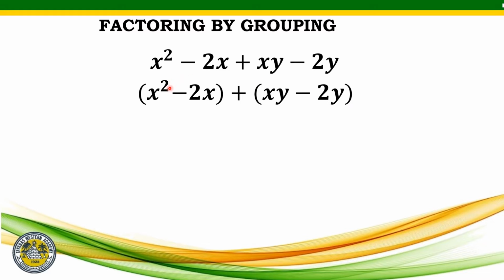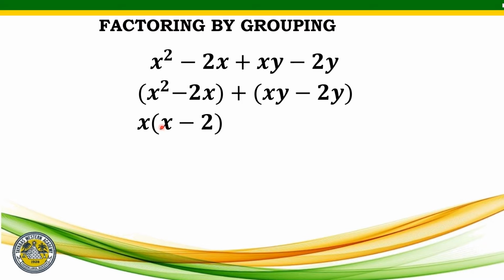So doon sa ating x squared minus 2x, ano yung common sa kanila? Yes, it is the variable x. So ilalabas natin si variable x, and then i-divide natin doon sa terms inside the parenthesis noong first group. So x squared divided by x is x.